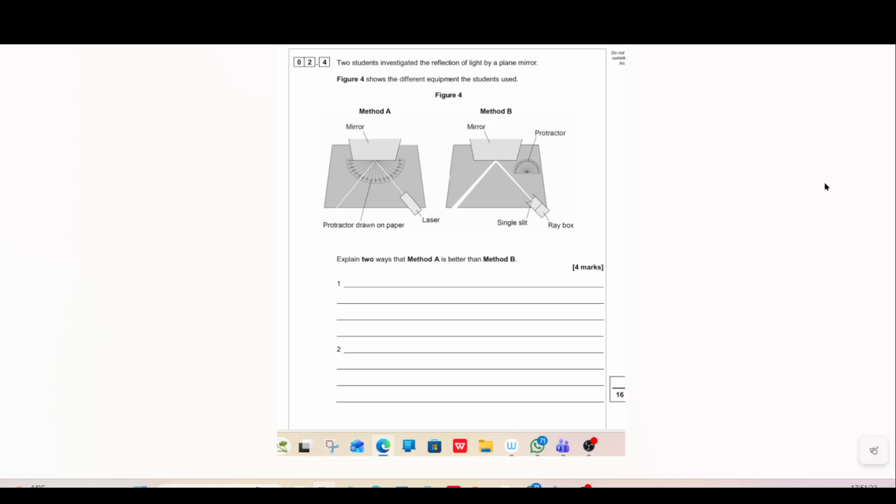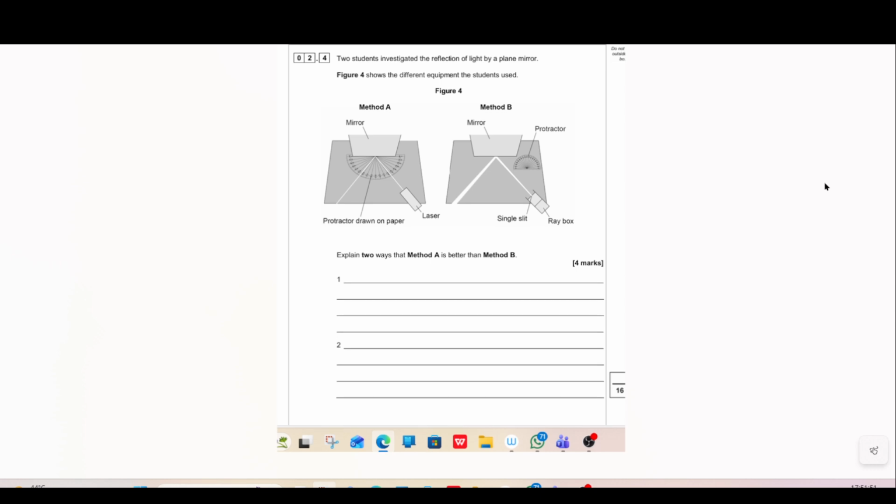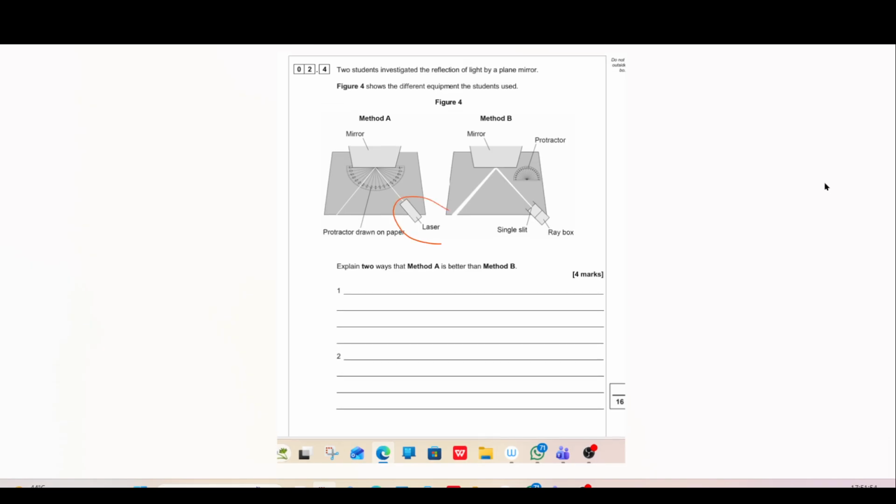Method A does not diverge like Method B, and it does not have to move the mirror to measure the angles. That's why Method A makes it easier to judge the center position of the ray than B. So because of the laser, the main reason is this, right?